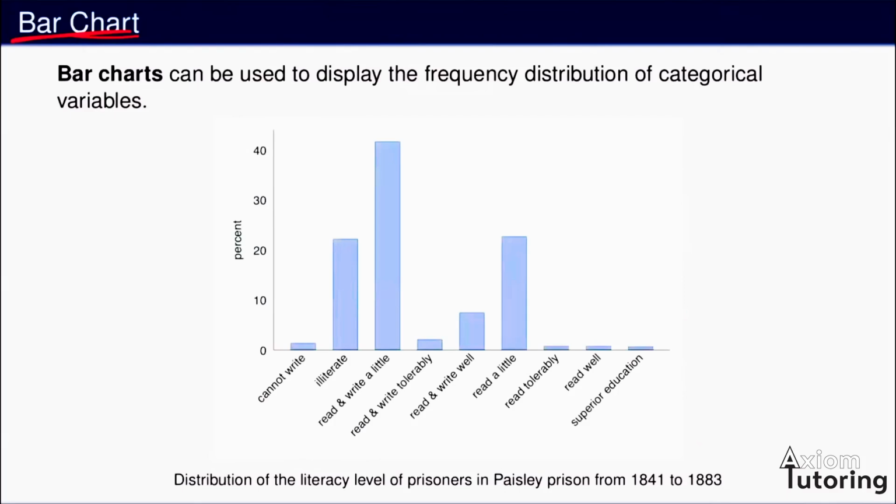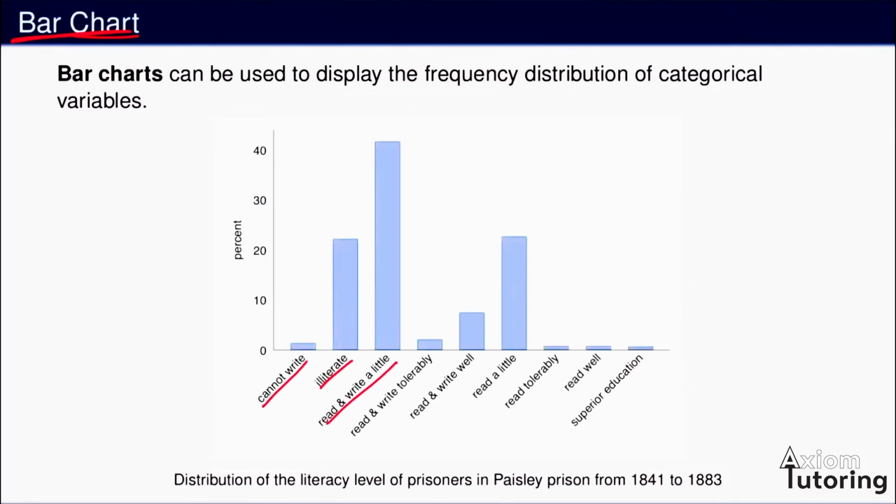And here, we're just looking at the distribution of the literacy levels of prisoners in Paisley Prison from 1841 to 1883. Right? And we can see that there are different categories. So cannot write, illiterate, read and write a little, read and write tolerably, read and write well, read a little, etc. Okay?